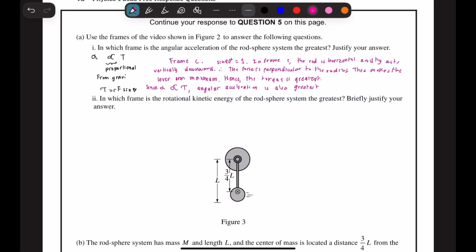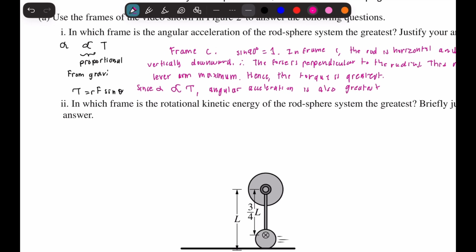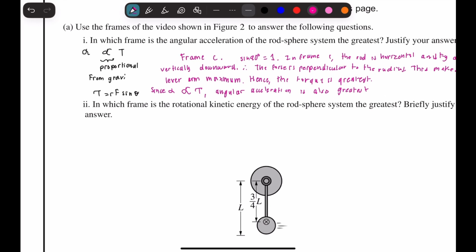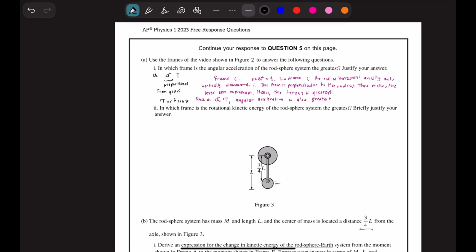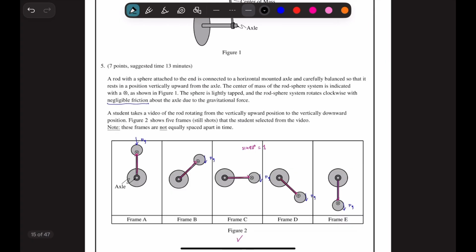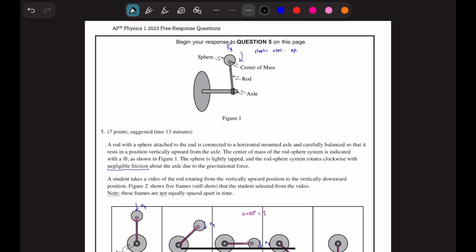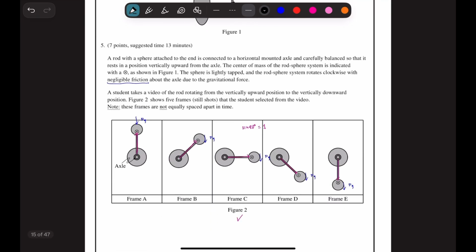So for part 2, where is the rotational kinetic energy the greatest? Well, we know the system starts from rest, right, up here. And we know that gravity applies torque in the same direction the entire time, because gravity is always down. And then we know this system continuously speeds up.